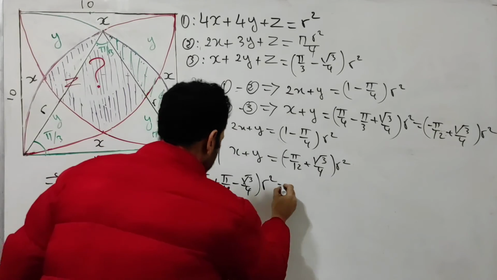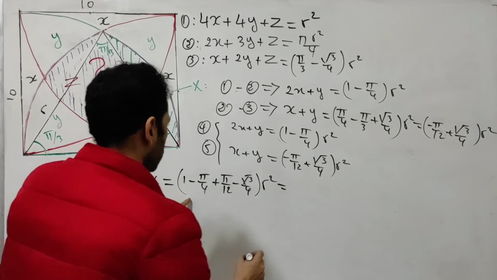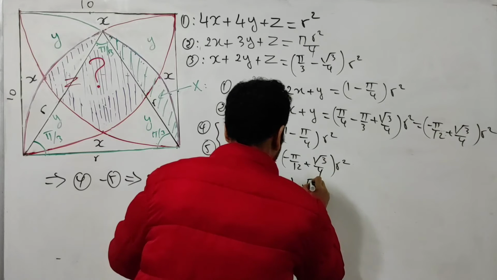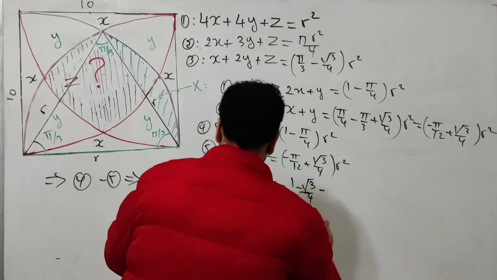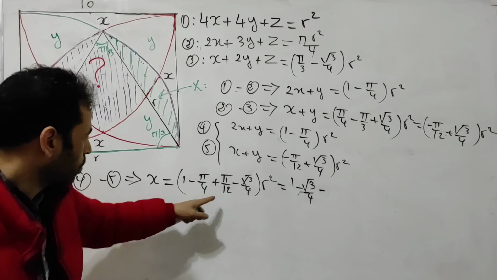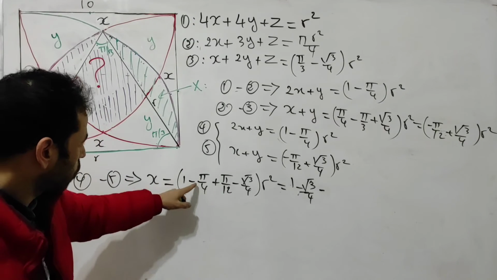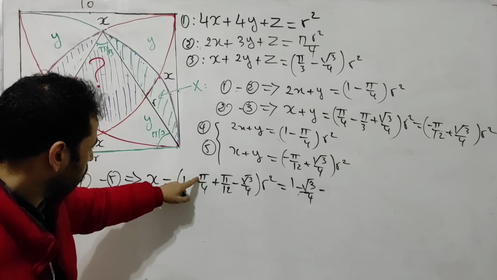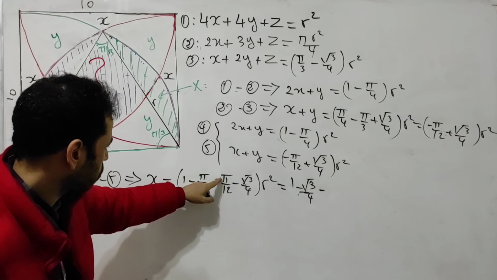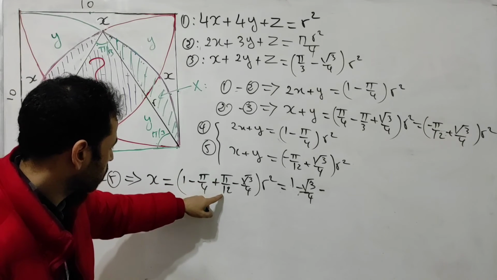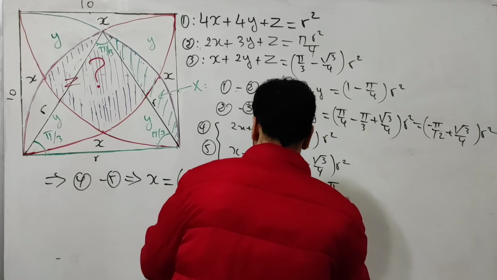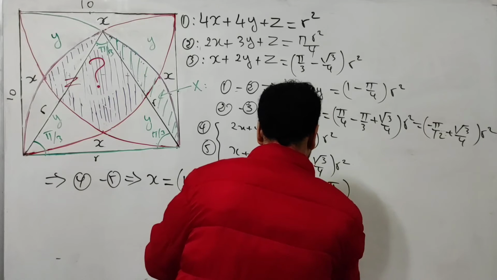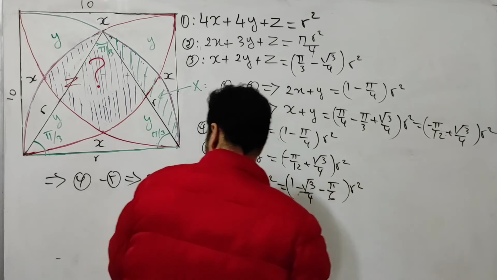Okay, by simplifying this one more, I will get 1 minus square root of 3 over 4. Here I'm going to put 12 as a common denominator. I will multiply this one by 3, minus 3 plus 2, which is minus 2 over 12, minus pi over 6. Okay, minus pi over 6 is multiplied by r squared.